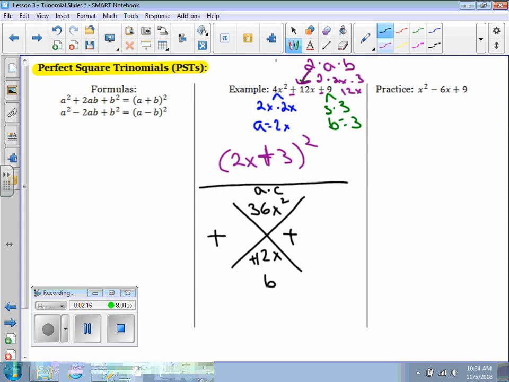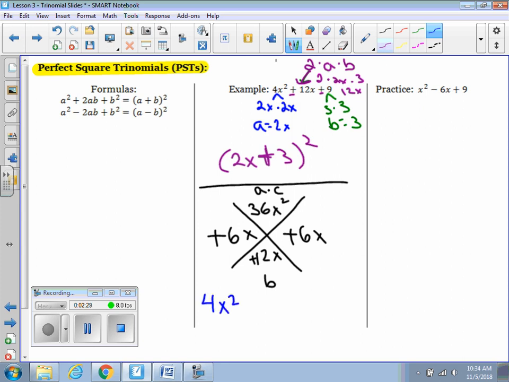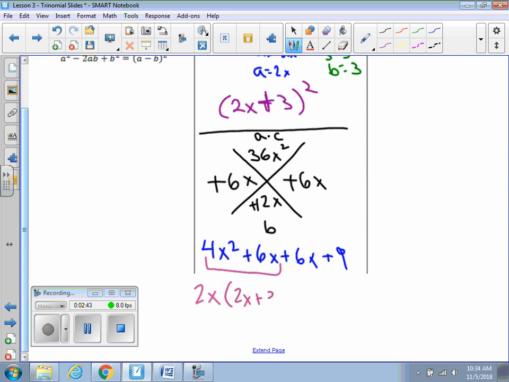So now I'm going to rewrite my trinomial as a 4-term polynomial. So I've got 4x squared, and then instead of plus 12x, I'm going to write it as plus 6x plus 6x, and then I still have that plus 9 at the end. Now I'm factoring by grouping. So the first two terms have a GCF of 2x, leaving me with 2x plus 3.